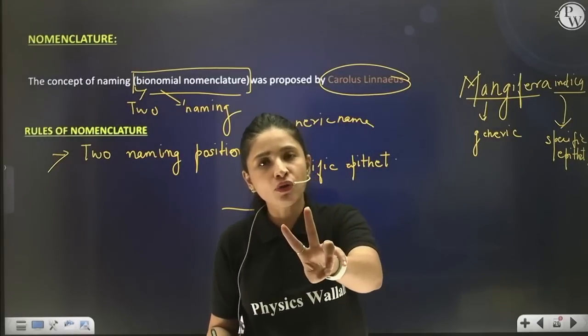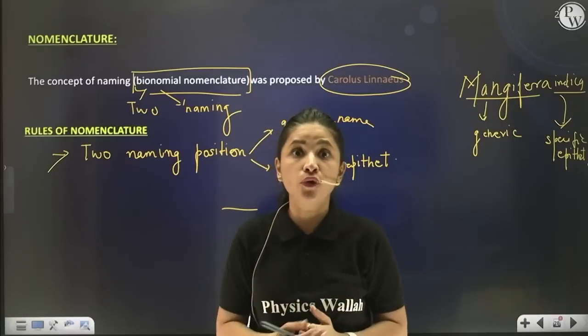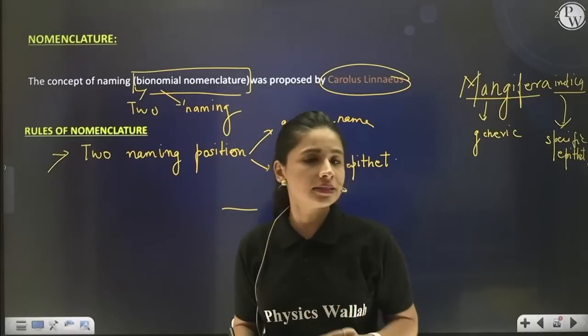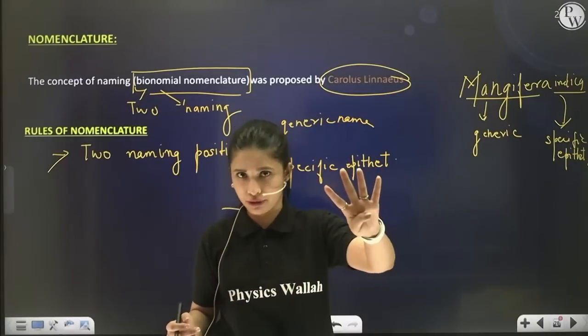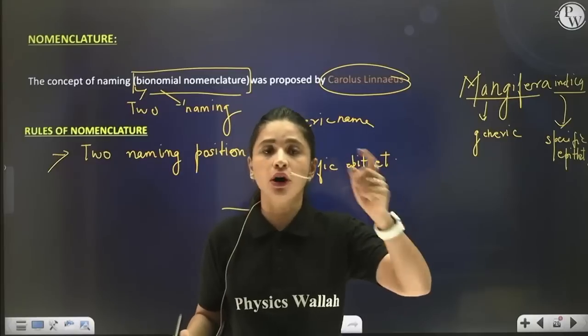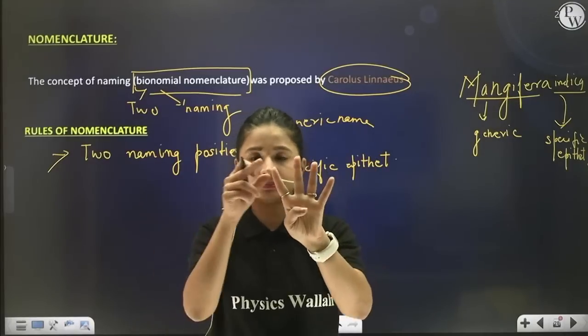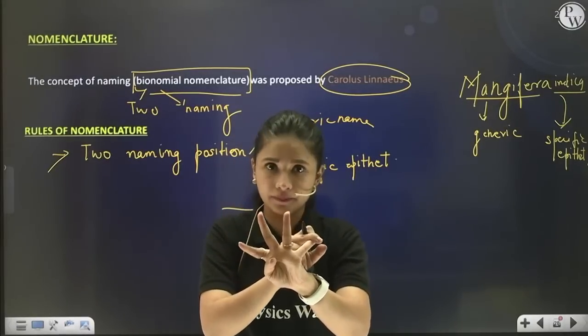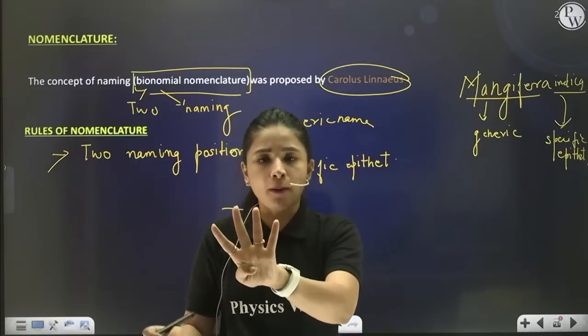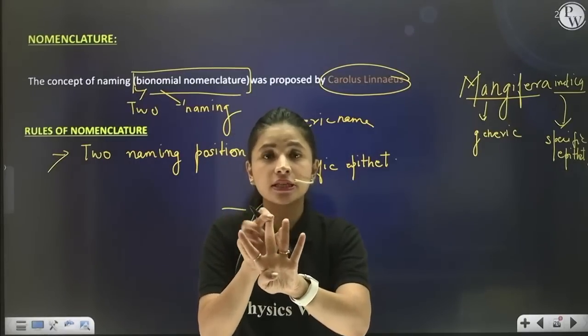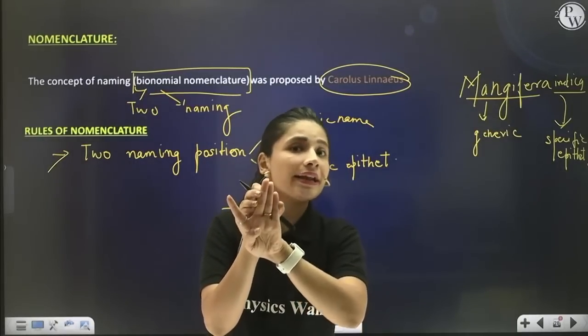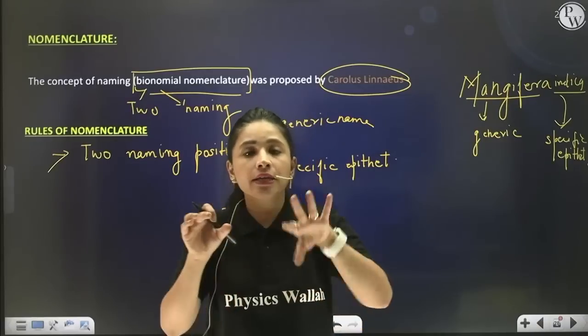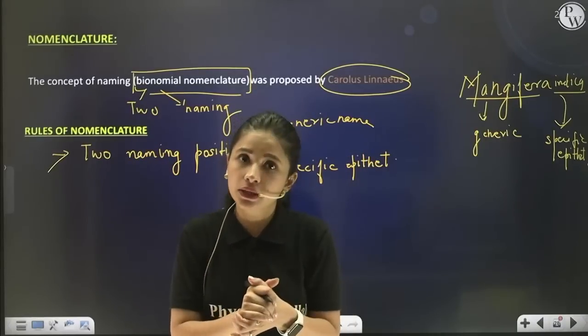The second problem was which language to follow. So, Carolus Linnaeus had 4 language options which he could choose for nomenclature. They were Latin, Greek, Sanskrit and Arabic. The problem with Arabic, Greek and Sanskrit was that these 3 languages are spoken in some or the other part of the world.